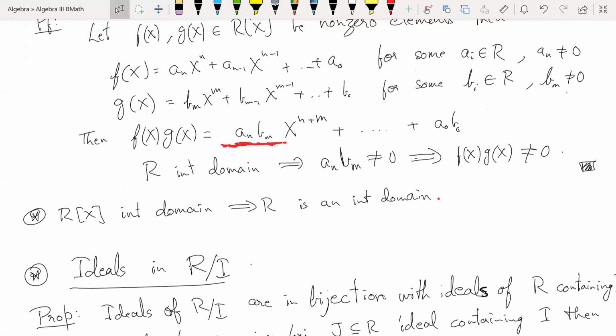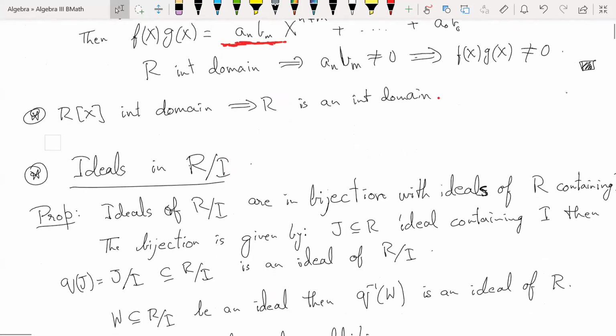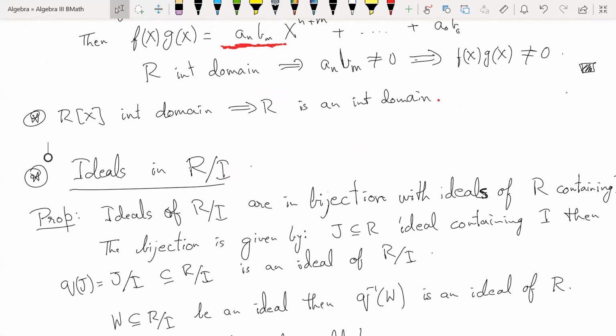So now, before going to the structure theorem, let's study ideals in R mod I. What are the ideals of this ring R mod I?